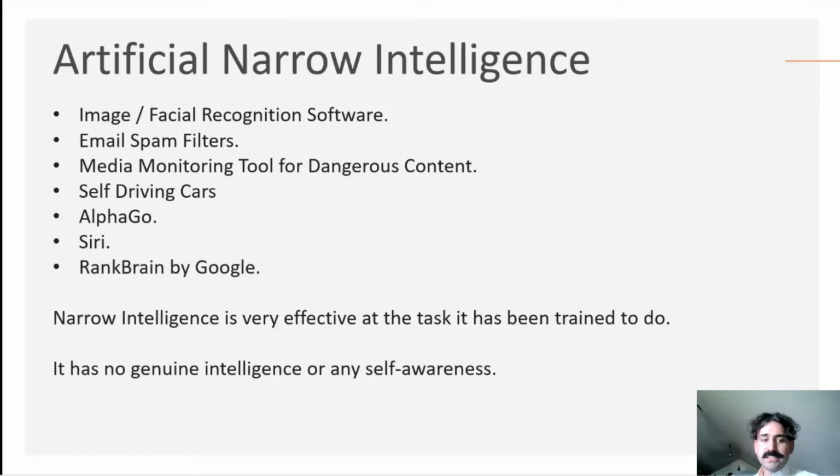AlphaGo, even Siri. People often think that Siri is a very generalized artificial intelligence, but in reality, it's been taught to do a few specific tasks, and that's all it does. It's very effective at the tasks it's been trained to do, but it can't do much else. And it has no genuine intelligence or any self-awareness at all.